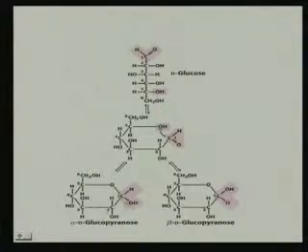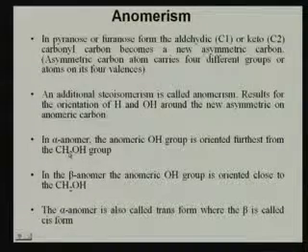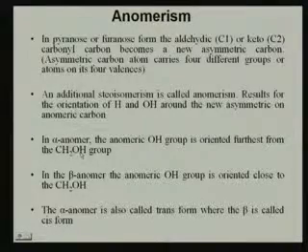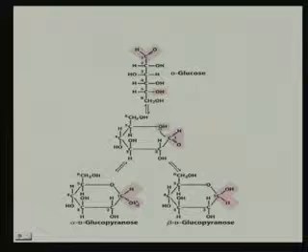And when they form this ring-like structure, depending upon the orientation of this hydroxyl group, if this hydroxyl group is oriented furthest from this CH2OH group, that means if it is downwards and far from this CH2OH group, then it is called alpha or the trans form.